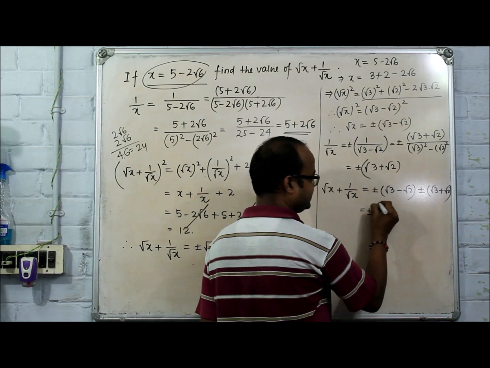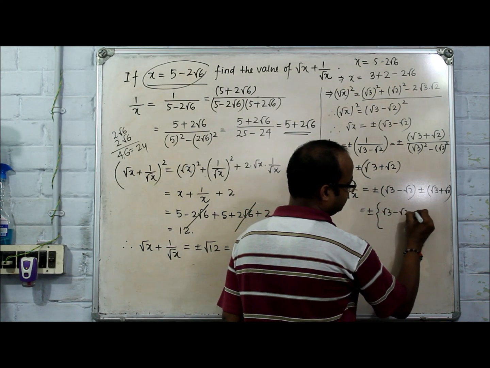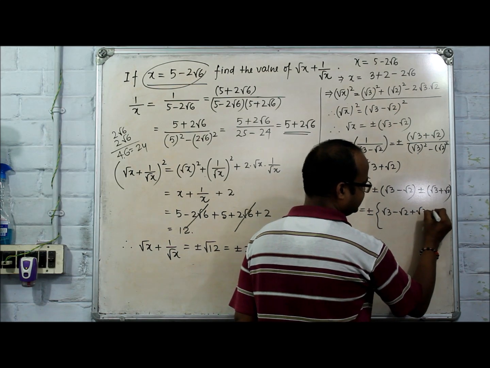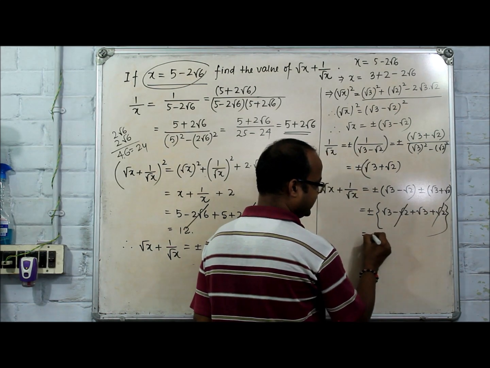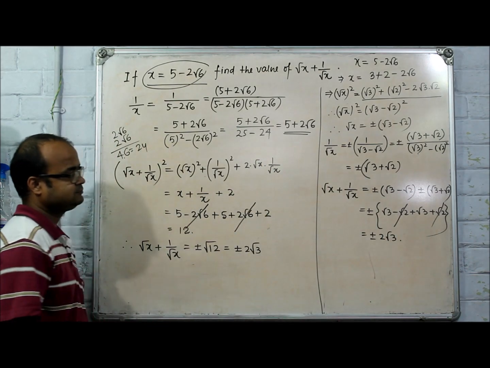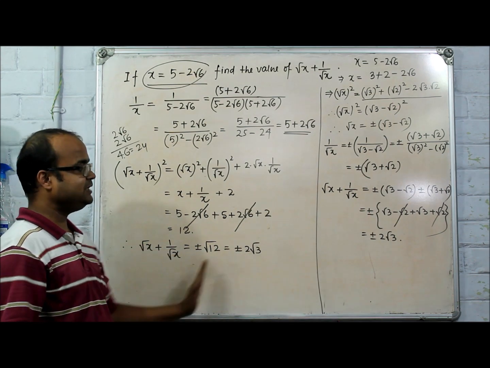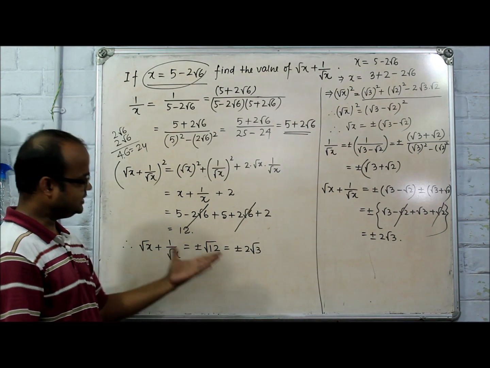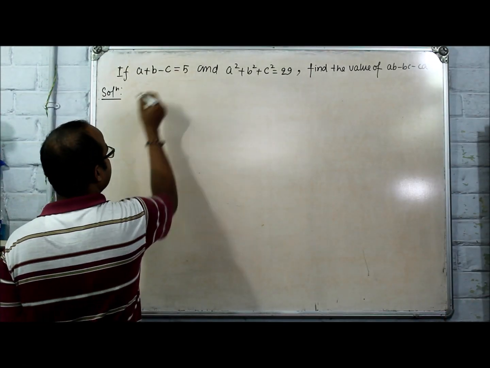So if you add, this will be equal to root 3 minus root 2 plus root 3 plus root 2. Root 2 cancels, you will get plus minus 2 root 3. You can solve this problem in either way, either this way or that way. Let us discuss the next problem.